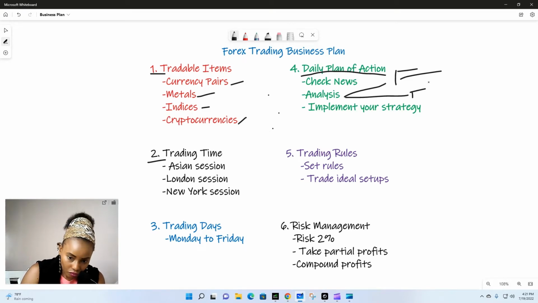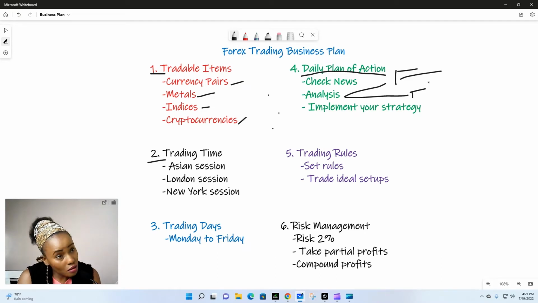When you're doing your technical analysis, you're looking for zones, supply and demand areas, and trading setup opportunities.